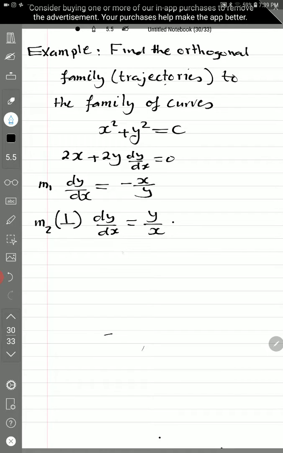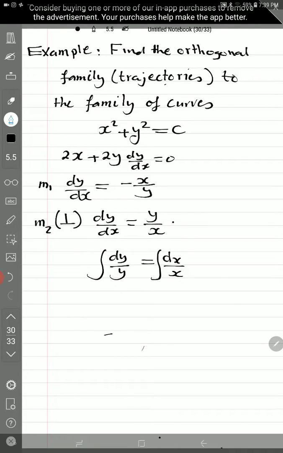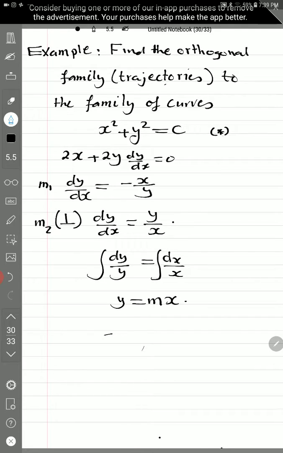Solve this equation, which is very simple. It will be dy over y equals dx over x. We solve it as separable, and we did this in the class. So the solution of this is very simple: y equals mx. So this is the orthogonal family to, if you call this star, then double star is the required family to star.